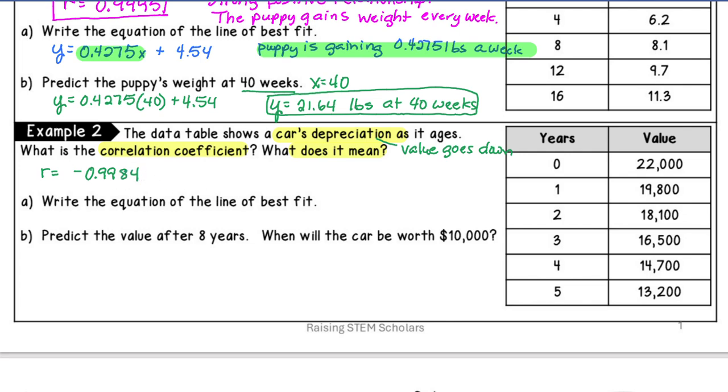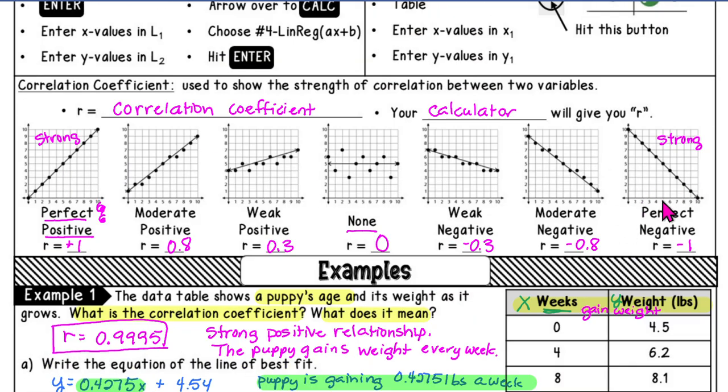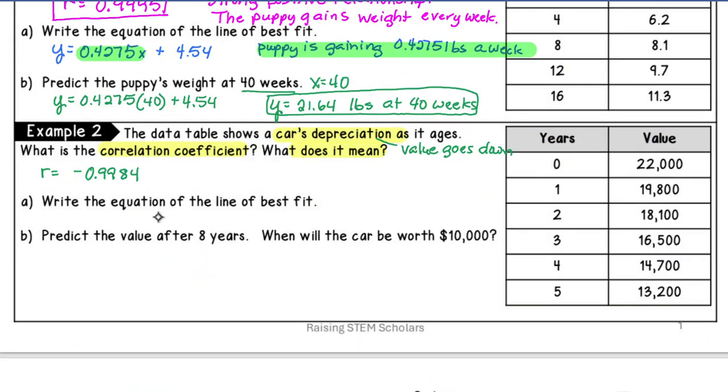And so it is that negative relationship. In fact, it's a strong, practically perfect negative. Our data is going to be doing this. So what does this mean? It means as the car ages, its value goes down.